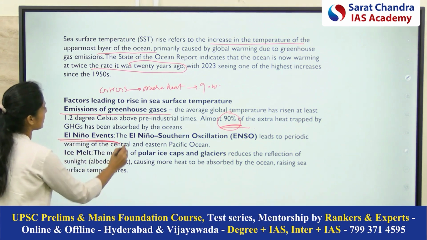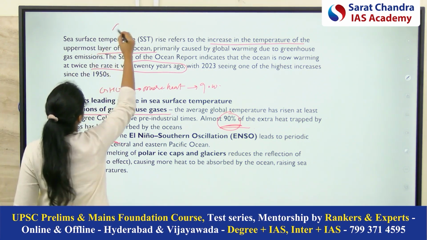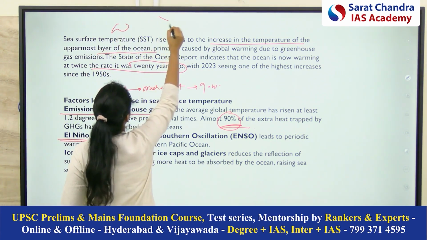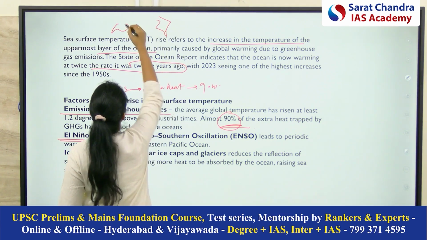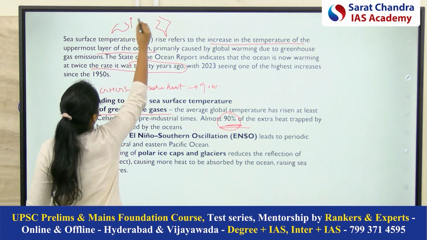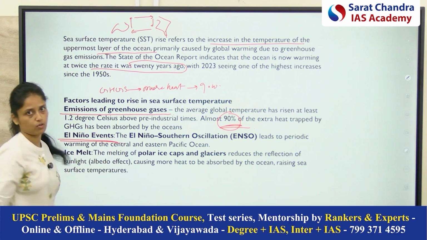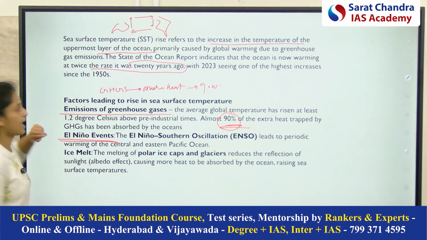Second is the El Nino events. So see, in El Nino events, actually what is happening? For example, this is Australia. This is South America. So in normal condition, what is happening? This is your Walker cell. Air rises, air subsides, and this completes your Walker cell circulation. But in El Nino, what will happen?